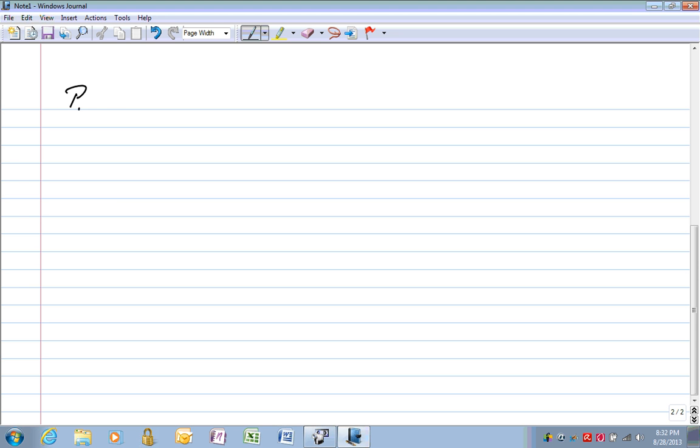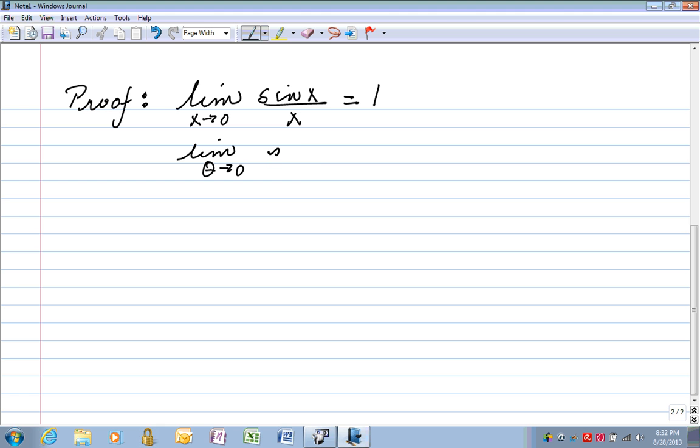You can find the proof, however, for your viewing enjoyment, of the limit as x approaches 0 of the sine of x over x equals 1. And if you don't want to use x, theta approaches 0 is my favorite, of the sine of theta over theta. You can then extend that to the limit of theta over sine of theta as theta approaches 0 equals 1.